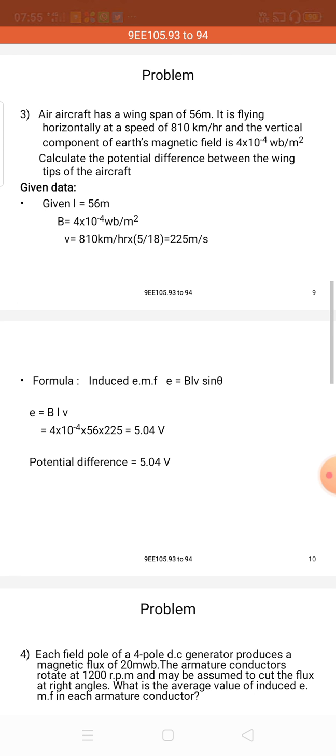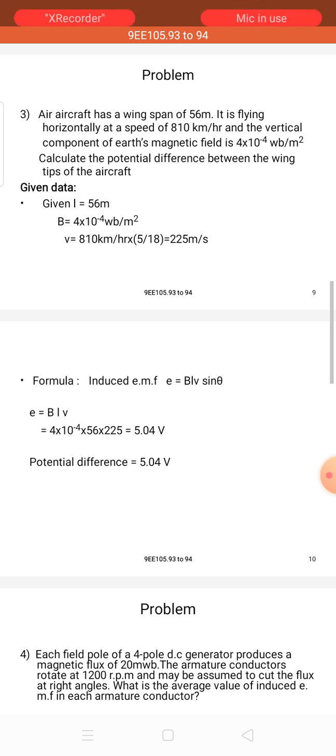Okay, so first write the given data. Before solving this, write the given data of the problem. The aircraft wingspan length L is equal to 56 meters, and the flux density is 4 into 10 power minus 4 Weber per meter square.